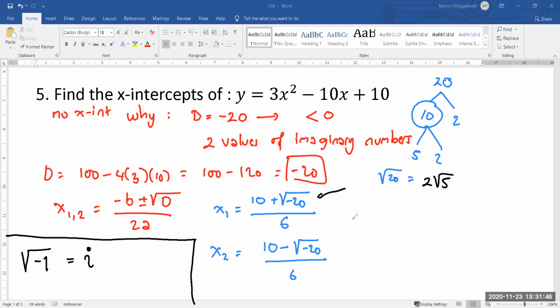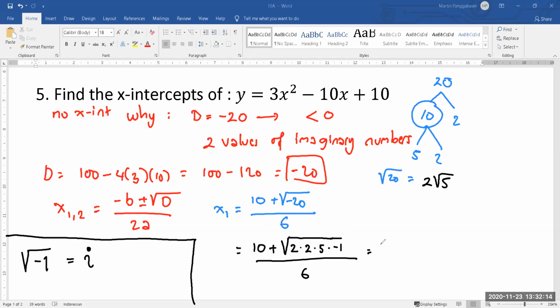Let me just start from x1. Since I already know this is from the quadratic formula, the last thing you need to do is simplify it. So x1 equals 10 plus square root of 20, which is 2 times 2 times 5 times negative 1, over 6.